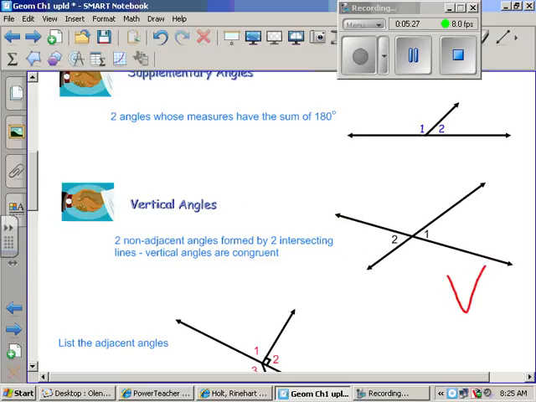We had two angles that shared a vertex, but why aren't those vertical? Right, they share a vertex, but they're not formed by two straight lines. Vertical angles are congruent, and these are not necessarily congruent. They're not vertical angles.